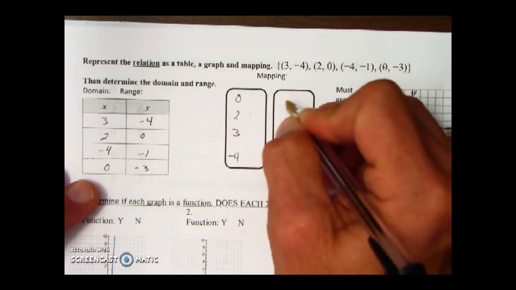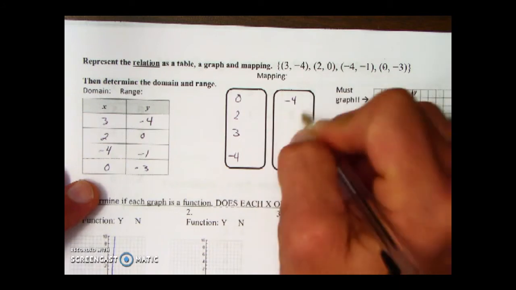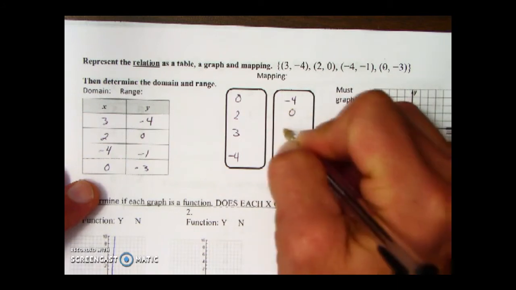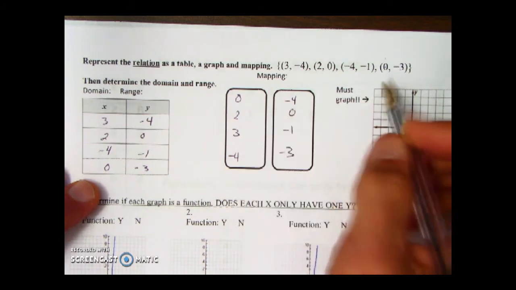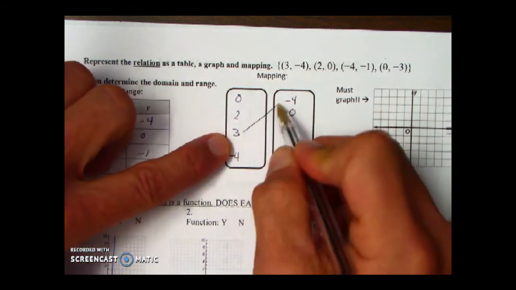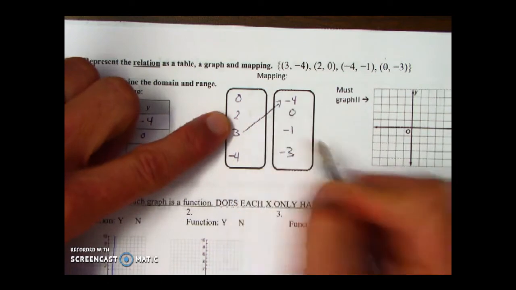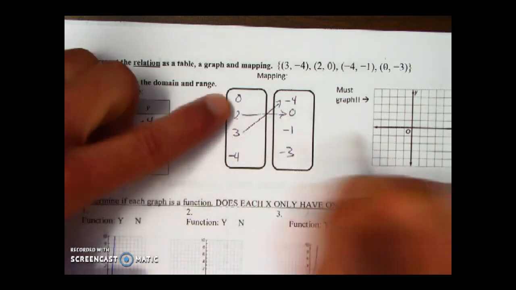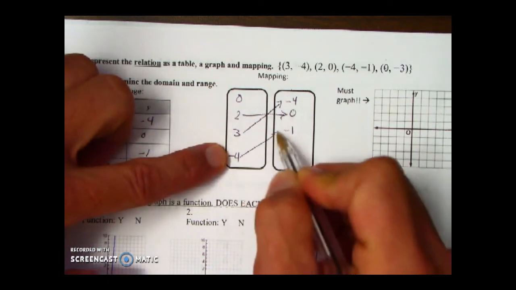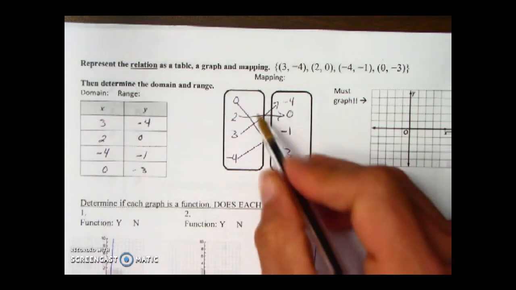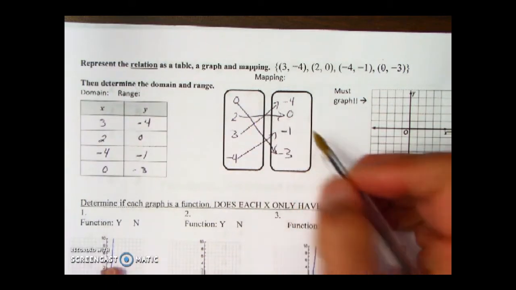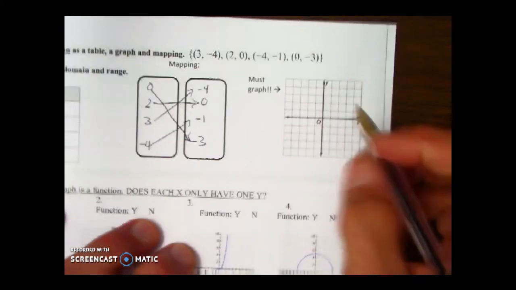So I'll put them in this order: -4, 0, -1, and -3. And now I'll map it. My 3 gave me -4, so I would draw that arrow. My 2 gave me 0. My -4 gave me -1. My 0 gave me -3. I have mapped my domain and my range. And of course, you all know how to do this.